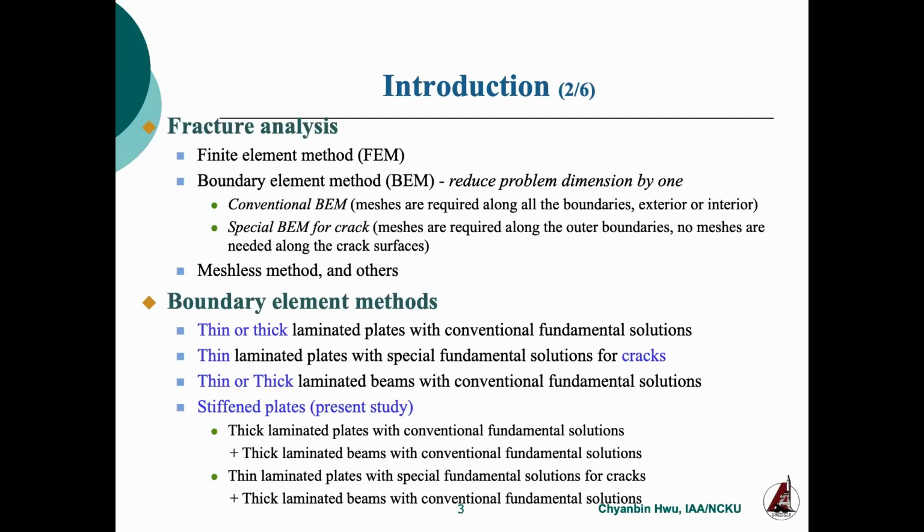And because we consider the stiffened plate, we also need to consider the beam with a conventional fundamental solution. So in this study, 2 different approaches are considered. One is a thick plate with conventional fundamental solution and thick beam with a conventional fundamental solution. The other is a thin plate with a special fundamental solution of the crack.